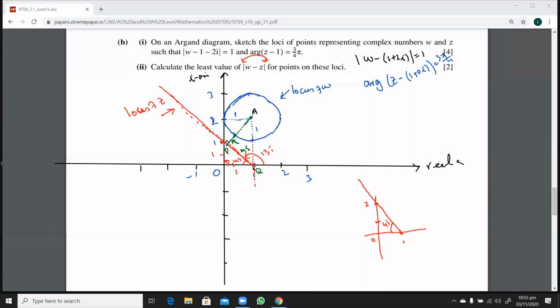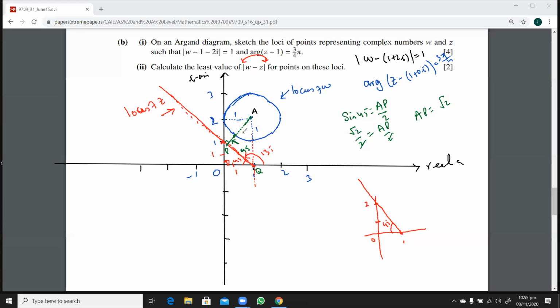And I want to find this length AP. Can I say this is going to be sine 45, which is equal to AP over 2. And you know that sine 45 is 1 over under root 2, or it is also under root 2 over 2. And this is AP over 2. The 2s are cancelled. So your AP is under root 2.